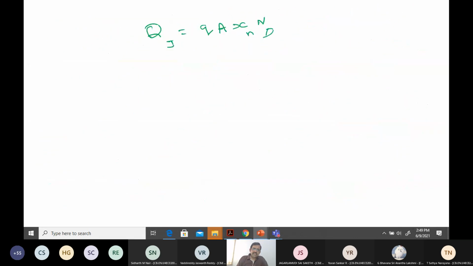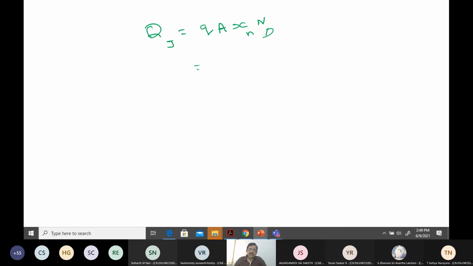So you can see that Xn Nd equal to, you will have that. This will be charge conservation. Under equilibrium, charges have to be equal on either side of the junction. So Xn Nd, so you will have that.